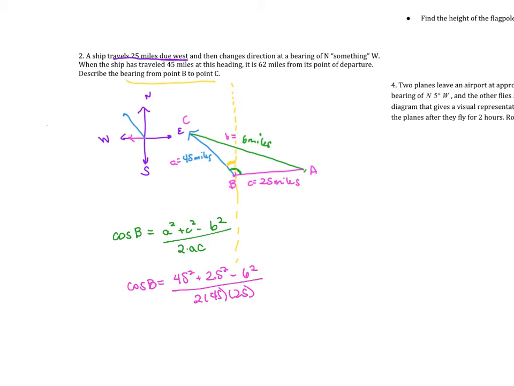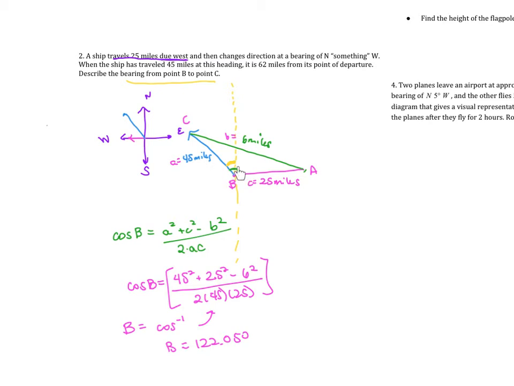Remember, you're going to have to use the inverse of cosine once you plug all of this in, and you'll find that B is approximately 122.05 degrees. So angle B is 122.05 degrees, this entire angle here.